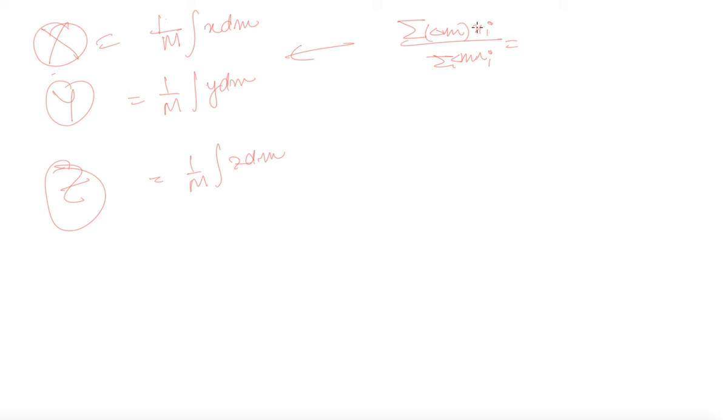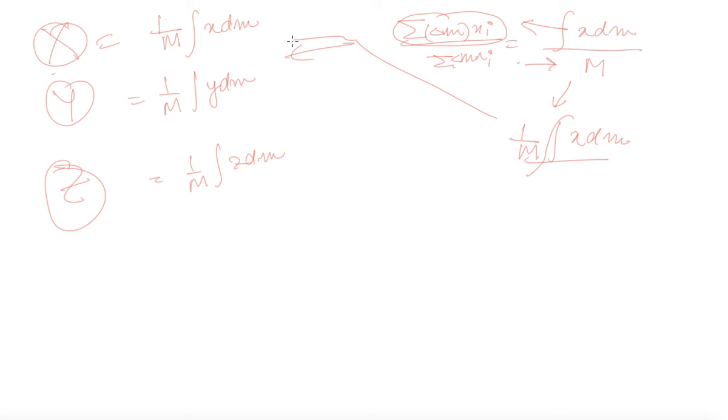This particular expression as we have derived is actually equal to x dm, and this particular part is actually equal to m. So the modified formula is 1 by m whole integration x dm. So this is what we have written over here.